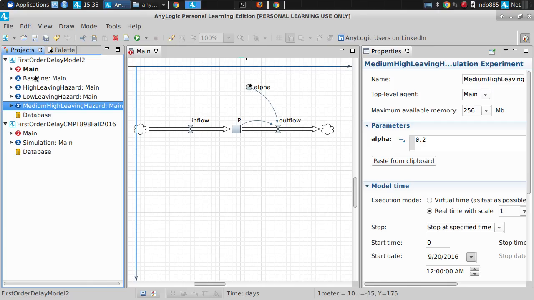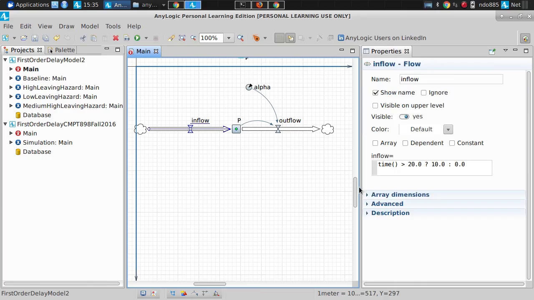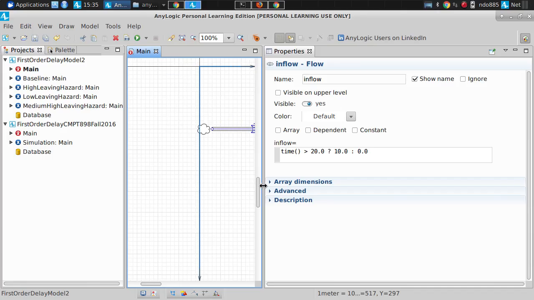Let's change the inflow a little bit more, ladies and gentlemen. Here we go. Let's go to main, and let's go to the inflow. I would like to do the following, and we're going to put in a little formula here.